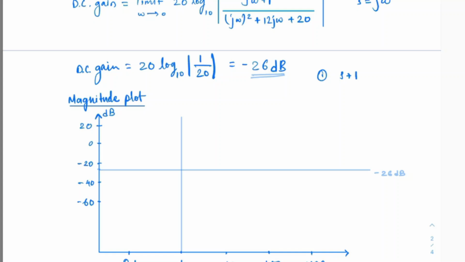So we start from 0 to 1, and at 1 this would go up with a slope of 20 dB per decade.